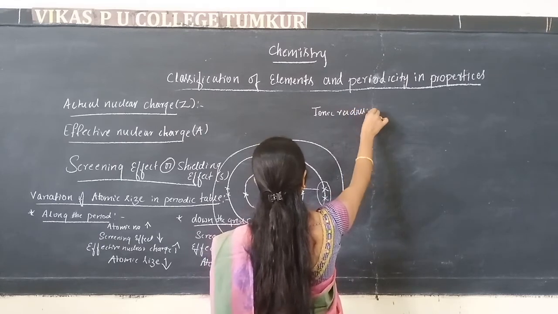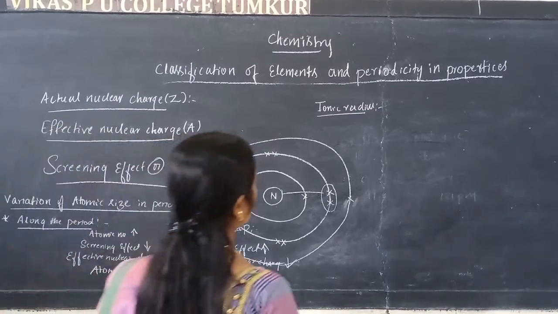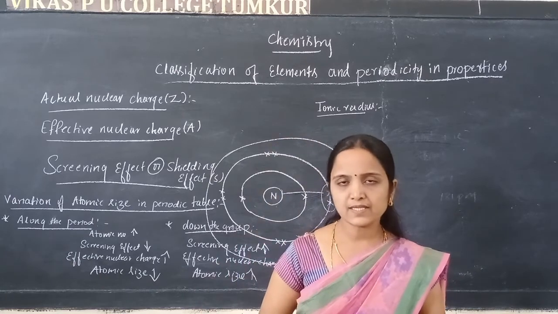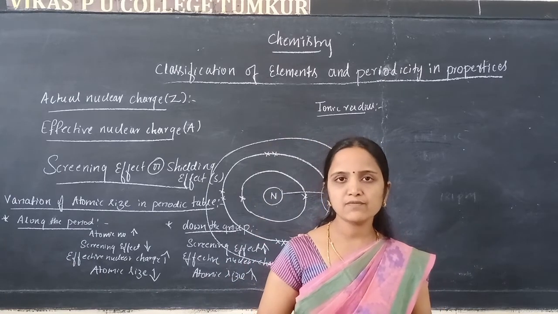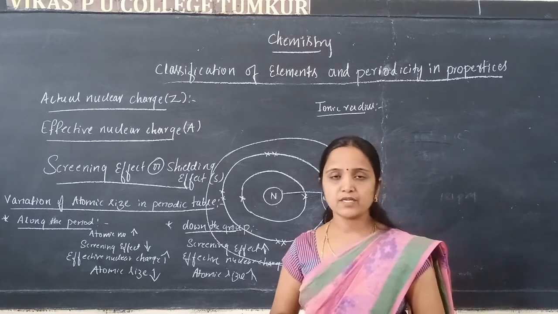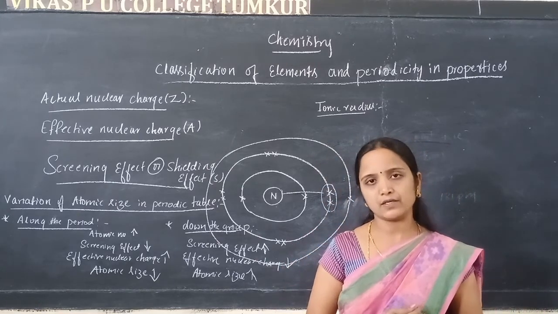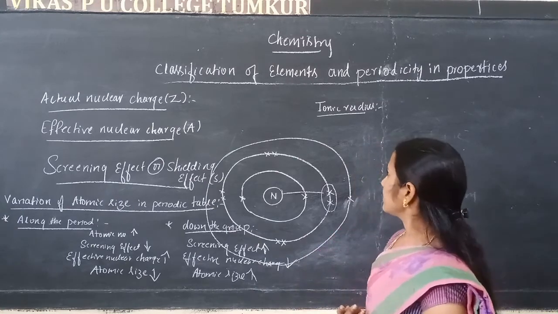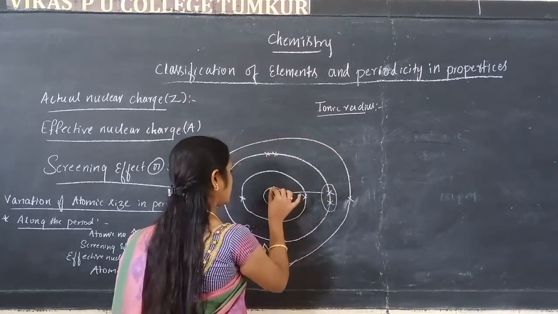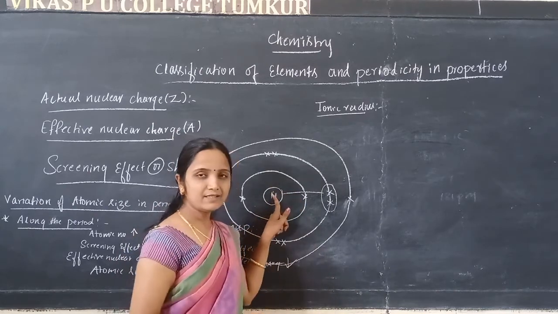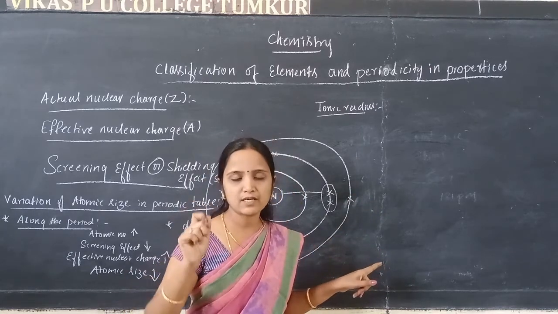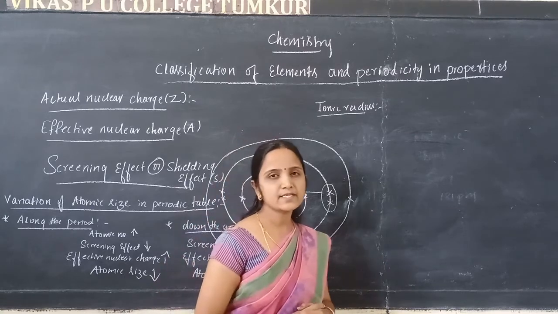Ionic radius is the distance between the center of the nucleus and the point at which the nucleus has its influence on the electron cloud.